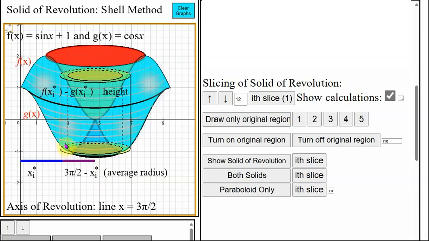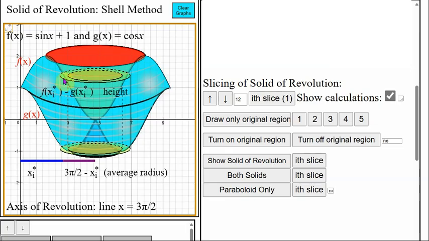Now, to calculate the height of the shell, we'll need the equations for f of x and g of x. Once again, this is x sub i star. The distance from the x-axis to the graph of g of x will be g of x sub i star. And the distance from the x-axis up to the graph of f of x will be f of x sub i star.